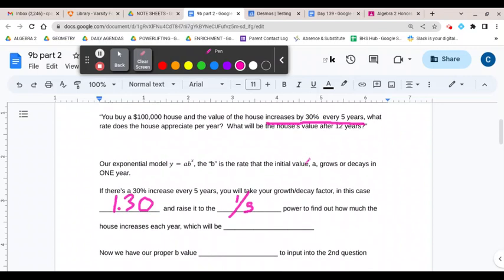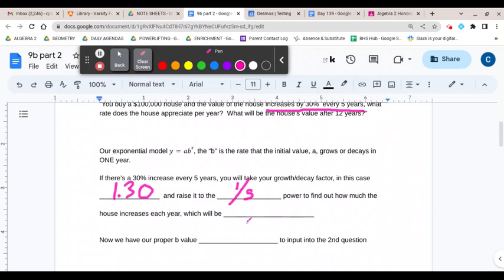So our B value is going to be 1.30 to the 1/5 power. It wouldn't be a bad idea to put parentheses up here and raise that to the 1/5 power.